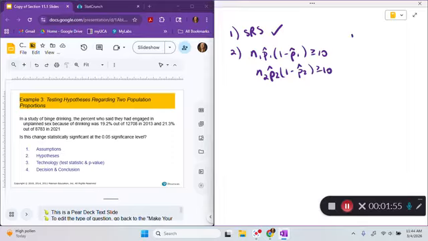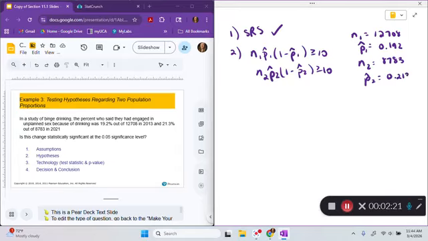Okay, so let's write down everything we know. N1 is 12,708. P hat is 19.2%, so 0.192. So that's p hat 1. N2 is 8,783, and p hat 2 is 0.213.